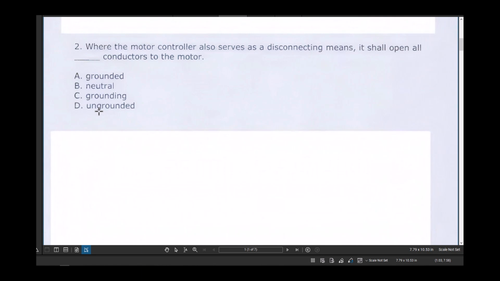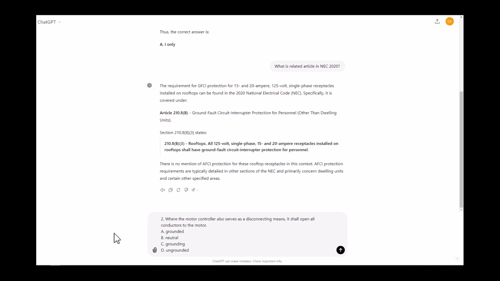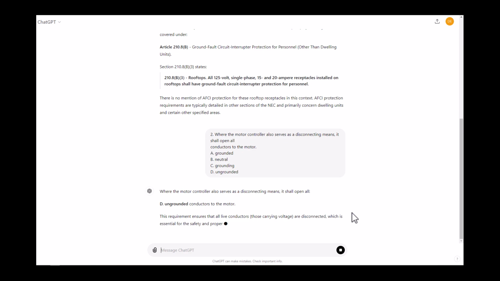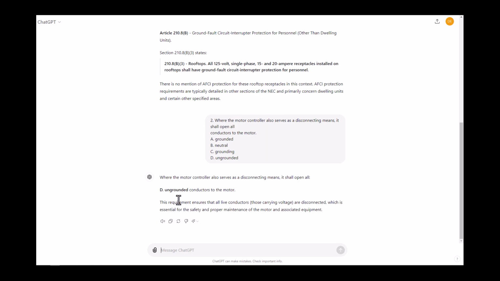Now let's go to ChatGPT to see what ChatGPT gives us. I already put the information here. Let's see the answer. Which is D, ungrounded conductor to the motor. I'm not going to type again which article; you can do that from your side.